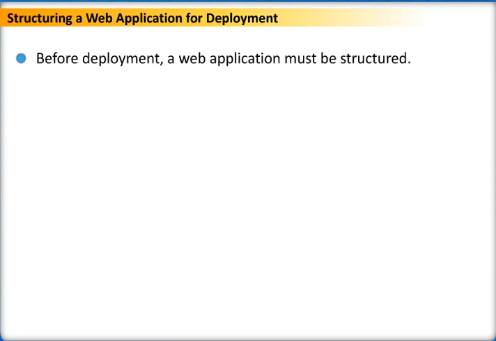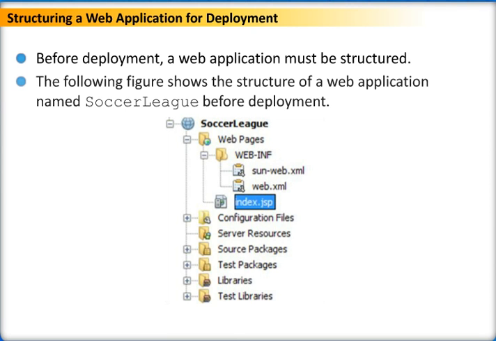Before deployment, a web application must be structured. The displayed figure shows the structure of a web application named SoccerLeague. In this figure, SoccerLeague is the top-level directory of the web application hierarchy, which is also known as the context root of the application. The context root directory contains HTML files, JSP files, image files, and the WEB-INF directory.